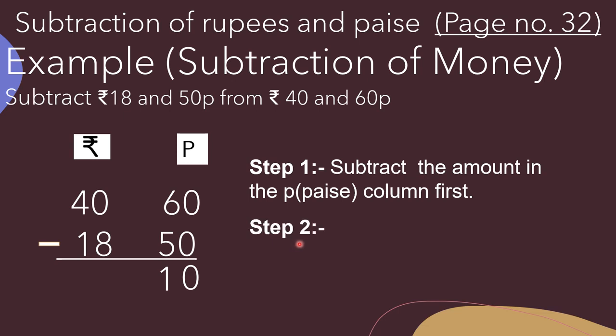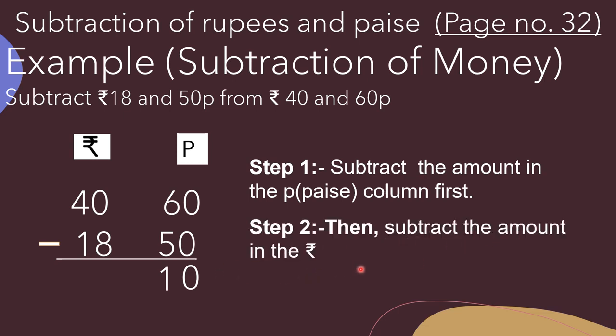So step number 2 is to subtract the amount in the rupees column. Now 0 minus 8, that is not possible. So here we will take a borrow, and this 0 will become 10 and this 4 will become 3. Now 10 minus 8. So keep 10 in your mind and 8 on your fingers.